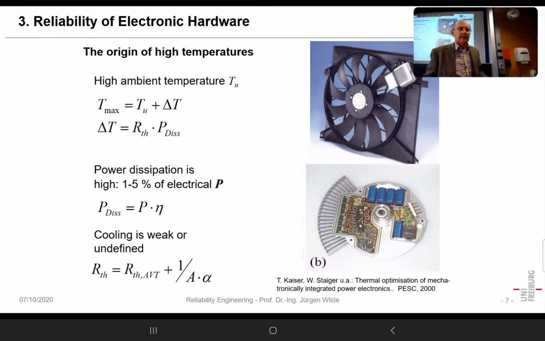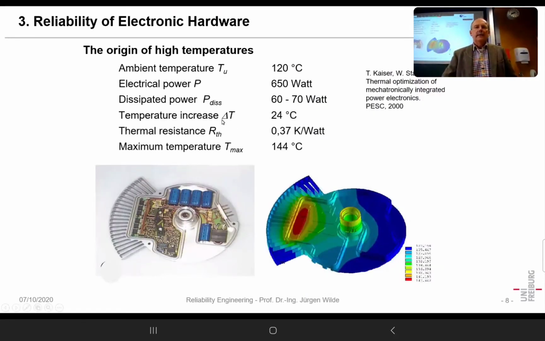In fact, in the total system, we have higher losses. Here they calculated based on electrical simulation 60 to 70 watts. And that again leads to a maximum temperature in the electronics of 144 degrees centigrade. And maybe that can be above the limit of the semiconductors, depending on how they are specified, but it is definitely above the temperature limit of electrolyte capacitors.